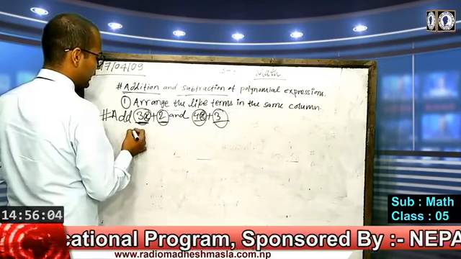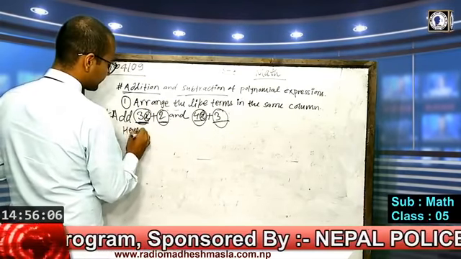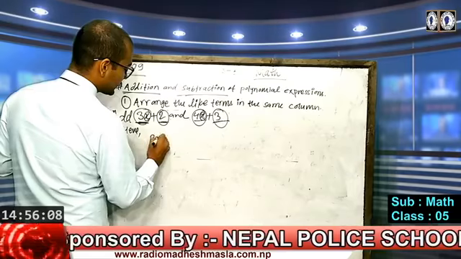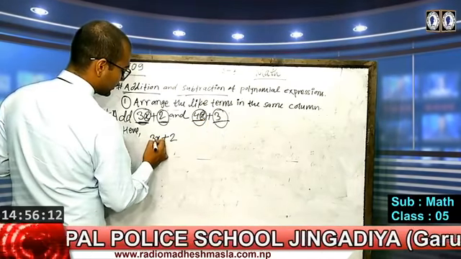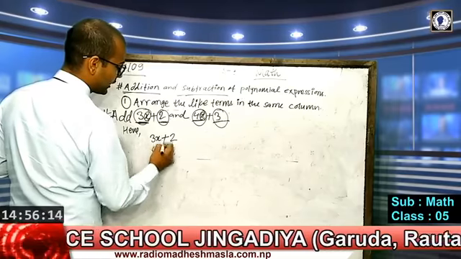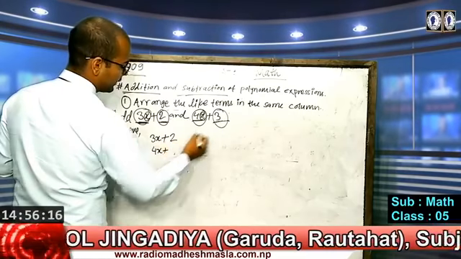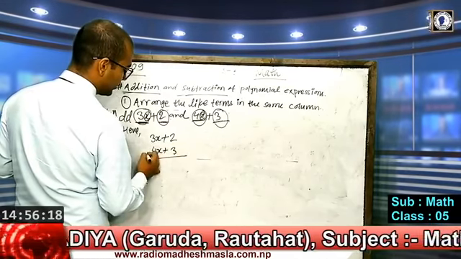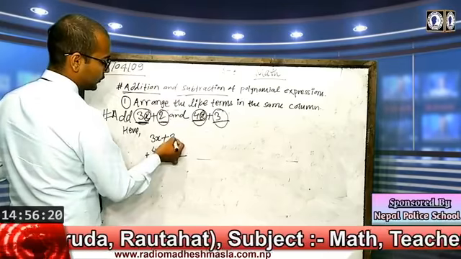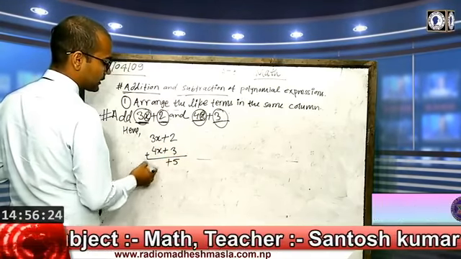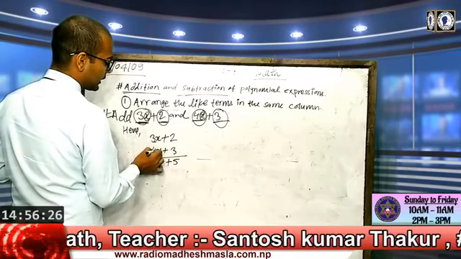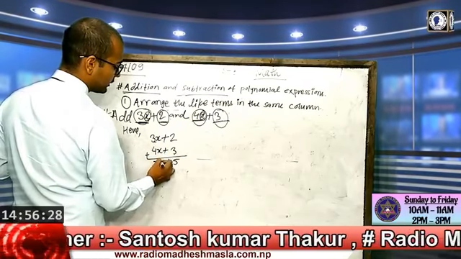So 3x plus 2, and then 4x should be written in the same column, plus 3. Then 2 and 3 make 5, and we write the plus sign, and 3x and 4x altogether make 7x.